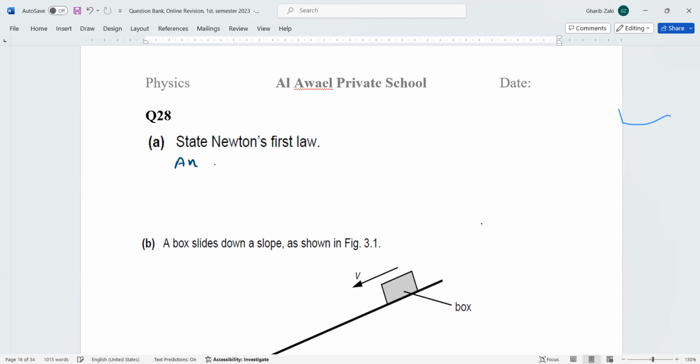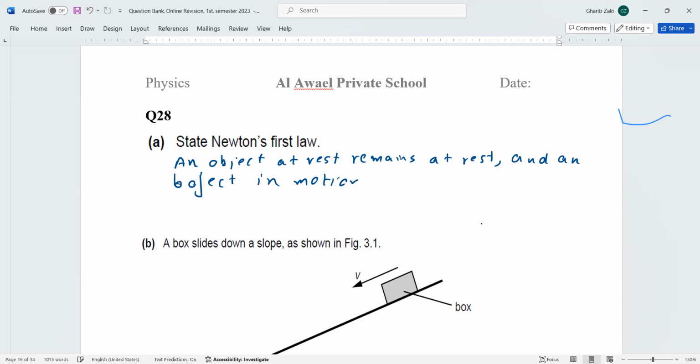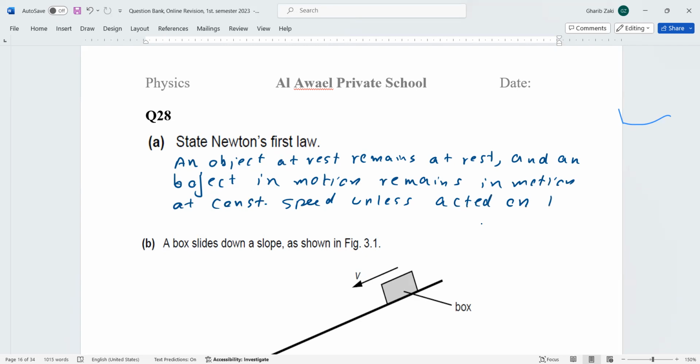An object at rest remains at rest, and an object in motion remains in motion at constant speed, unless acted on by an unbalanced force.